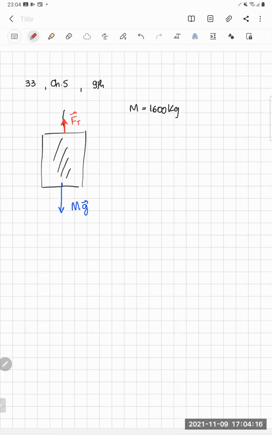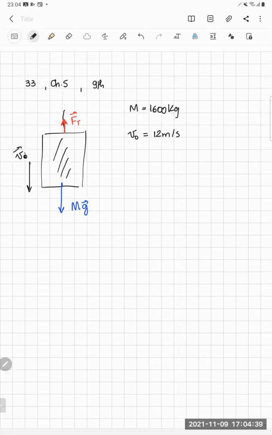Now, what they tell us is that this elevator is initially moving down. It has a certain initial velocity pointing down, and the magnitude of this initial velocity, let's call it V naught, is 12 meters per second.